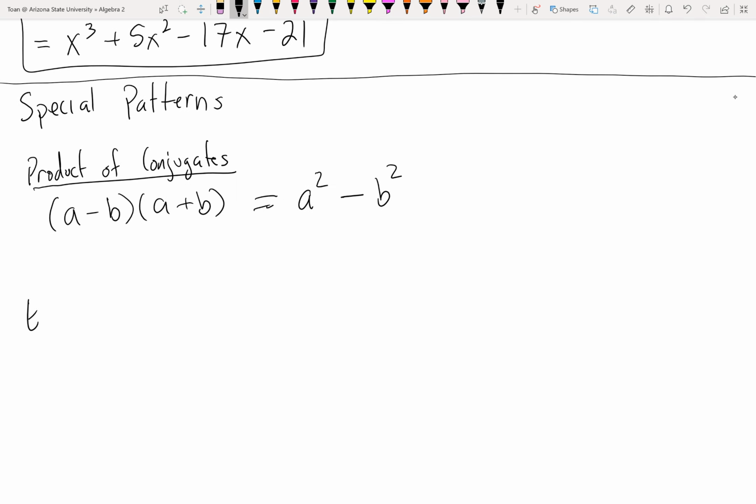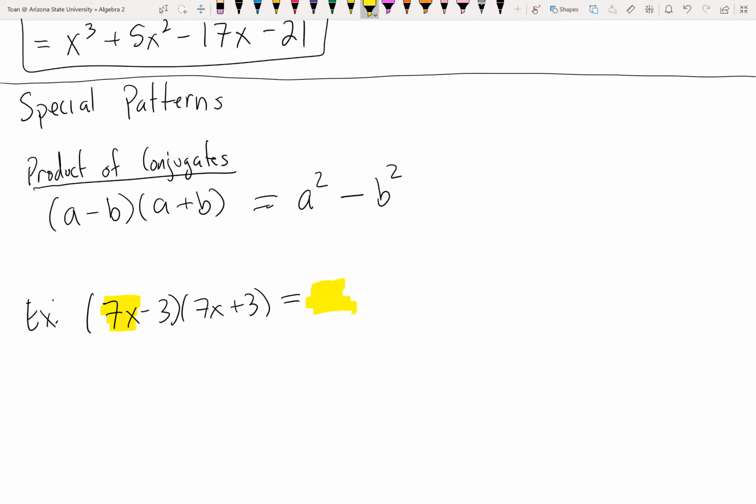So for example, it could even look something crazy complicated looking. I don't know, 7x minus 3 times 7x plus 3. Right? I could do the FOIL. There's nothing wrong with it. But I notice, you know what? These guys are conjugates of each other. So I don't have to do any fancy foiling. I know it's going to be the first guy squared.